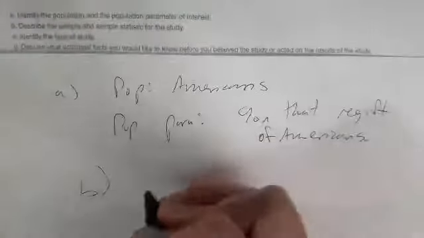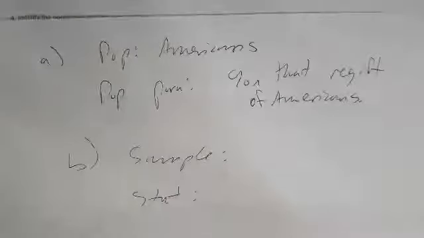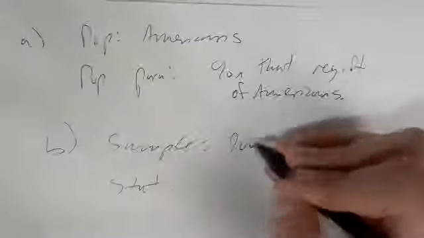The next thing says what? Sample and sample statistic. So what's my sample? What's my sample statistic? What's the smaller group that I'm taking from there? I'm not going to go survey every single living American out there. They're going to do the 900 registered people.